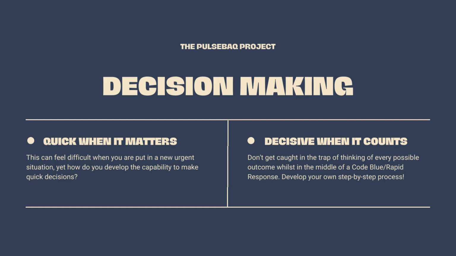Now, as we talk about clinical decision making, this is where school tells you that you need to be able to quickly think and be decisive in these moments when it counts for these patients. Because when we're talking about code blues, minutes count.